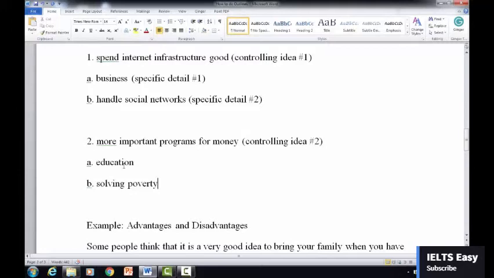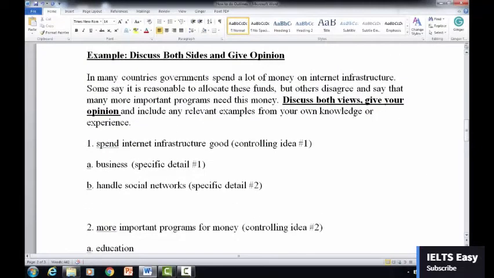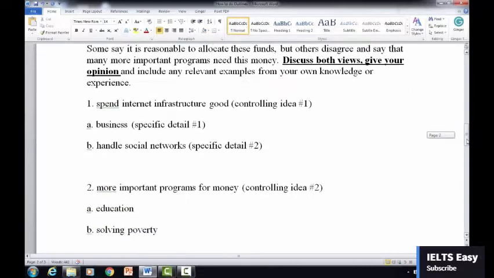time. Now, for this question, because it's a discuss both views and give your opinion question, what I'm probably going to do is have a third, shorter paragraph, where I will discuss my opinion in about 3 sentences.